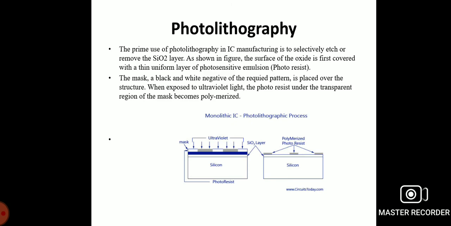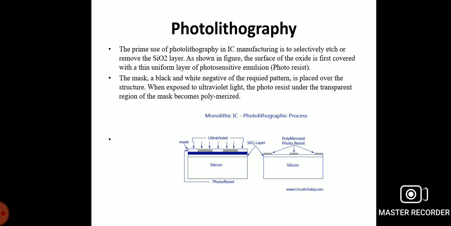The chemical dissolves the unpolymerized portion of the photoresist film and leaves the surface. The oxide not covered by the polymerized photoresist is then removed by immersing the chip in an etching solution of HCl. Those portions of the SiO2 which are protected by the photoresist remain unaffected by the acid.